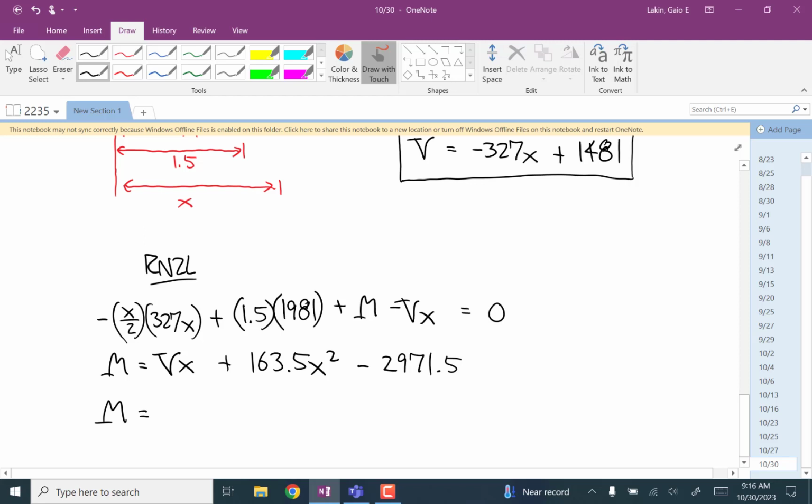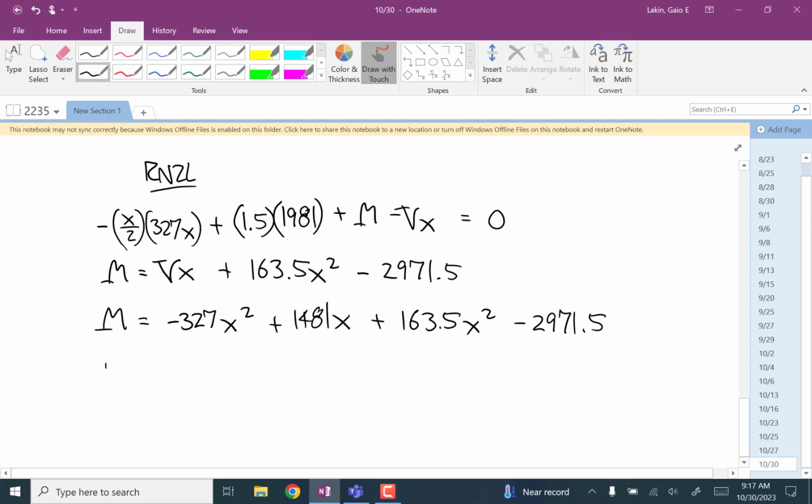Now plug in what we know for a function for V in for the V here. And we get negative 327x squared plus 1481x plus 163.5x squared minus 2971.5.